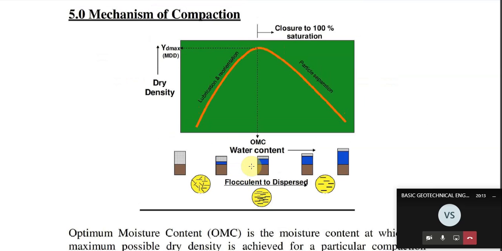Now, compaction, I told you the relation between density and water content increases up to a certain point, and after that point it decreases. The water content at that particular point is the optimum moisture content, and dry density at that particular point is the maximum dry density, MDD, and optimum moisture content, OMC.